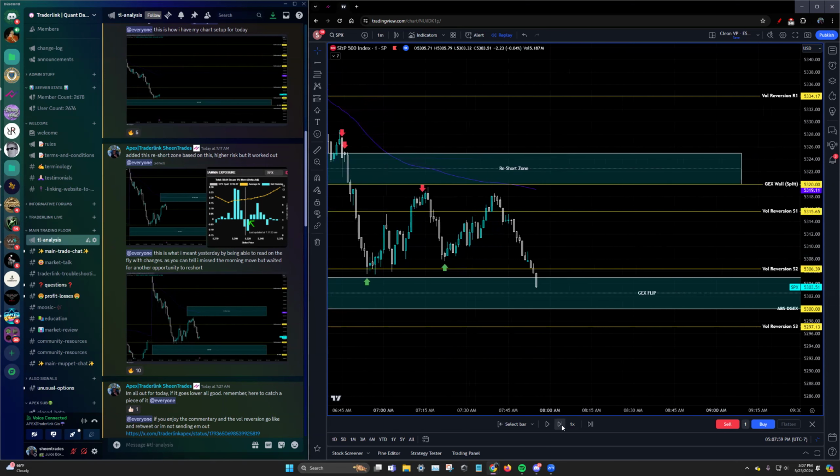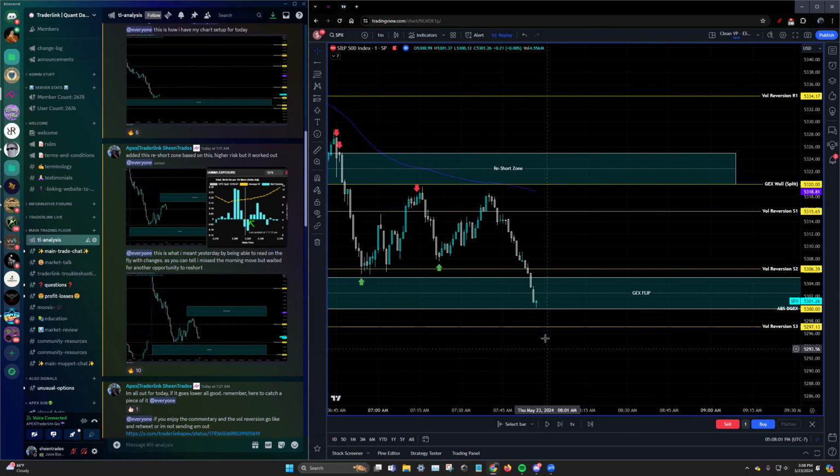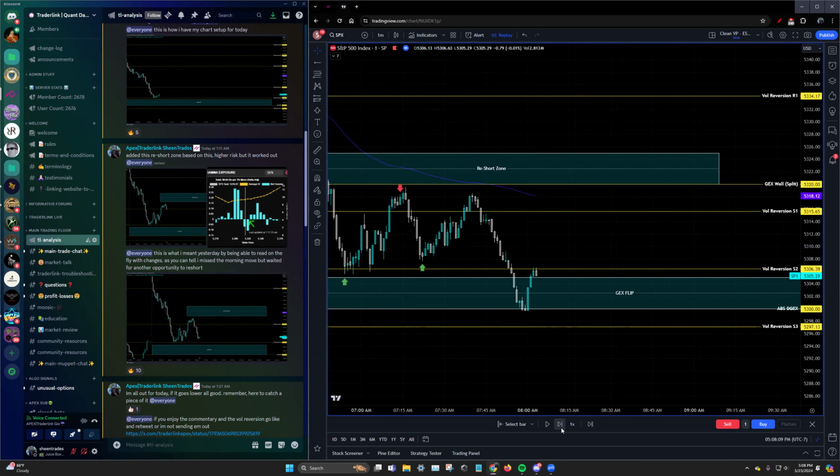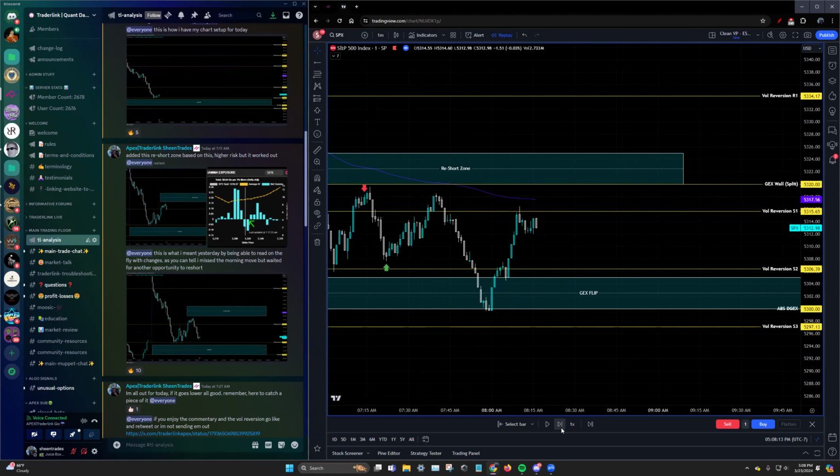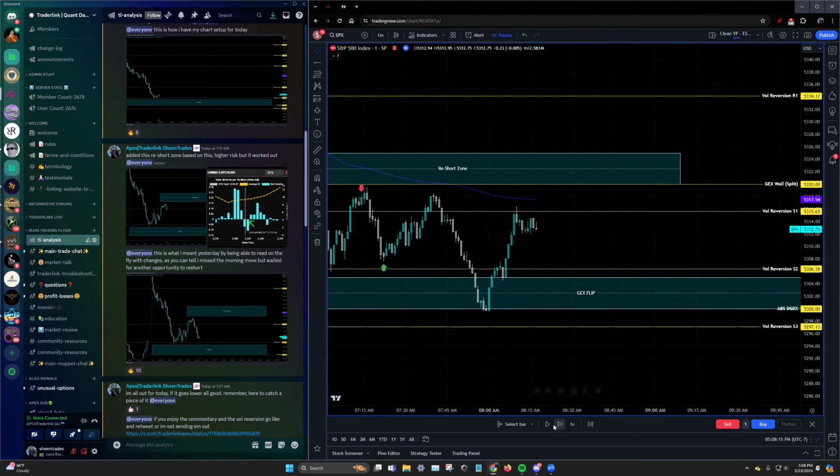I missed this initial one, but I still held some up until my last exit. Some of them got stopped out in profit here, but I had the puts for 531. And then the next entry was 838. Where's 838?